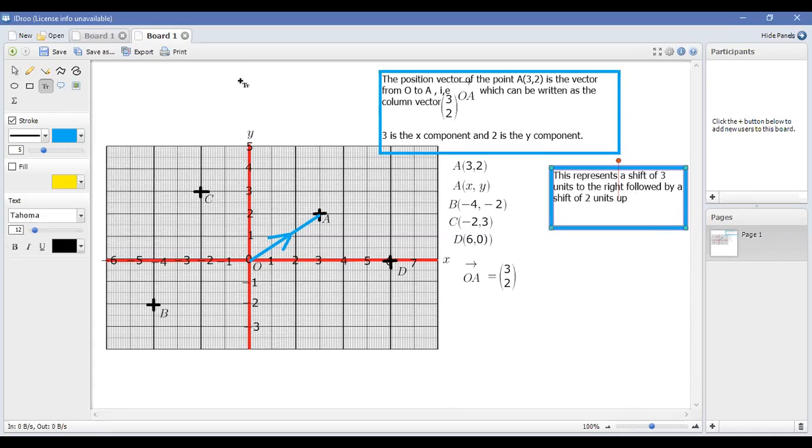All right. And also add to it that all points on a graph can be written as position vectors. Make note of that. Make sense? All right. Now, so now we're going to calculate the magnitude of a vector.